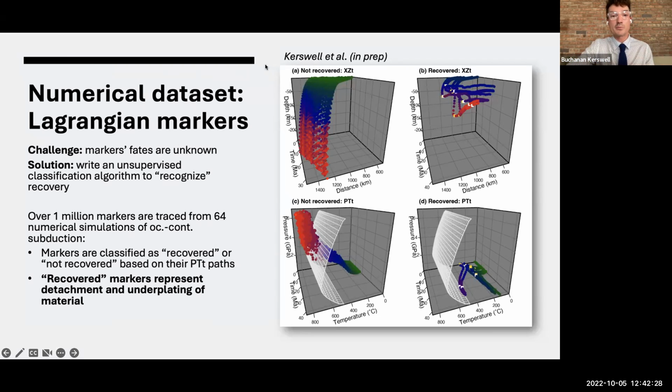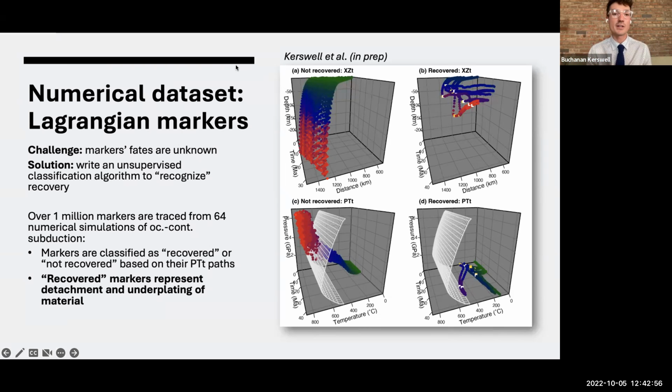The recovered markers represent rock fragments that get detached and underplated. And so although the majority of these markers don't get exhumed to the surface, they are the most direct comparable samples to compare to the empirical data sets.